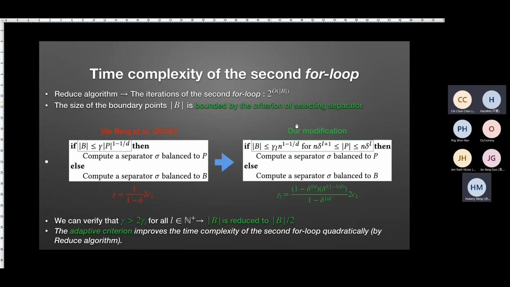If we could reduce the size of the boundary points by half, then we could improve the time complexity of the second for loop quadratically.